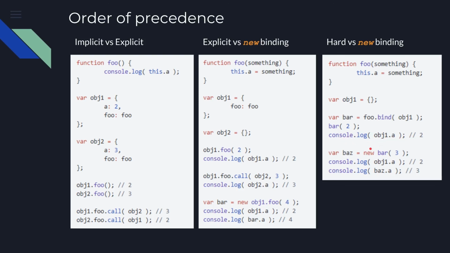Now we take our bar function and use it with the new keyword. Our obj1.a is still 2, but the newly constructed object baz.a is 3. So the conclusion: new binding always has the highest precedence among all of them.